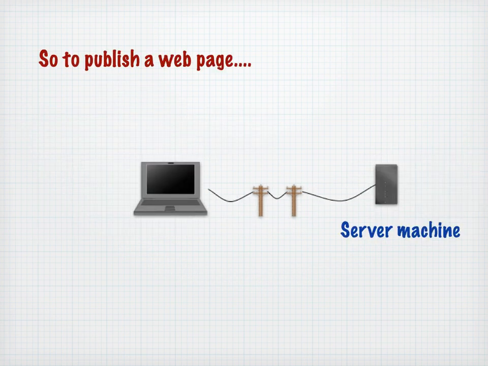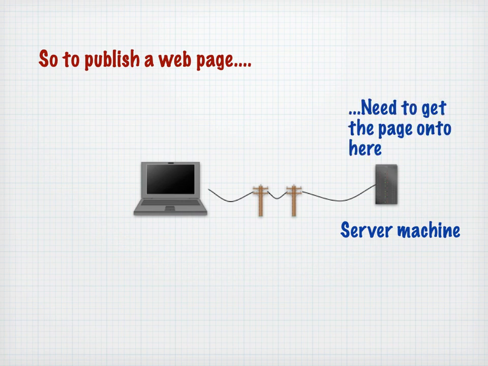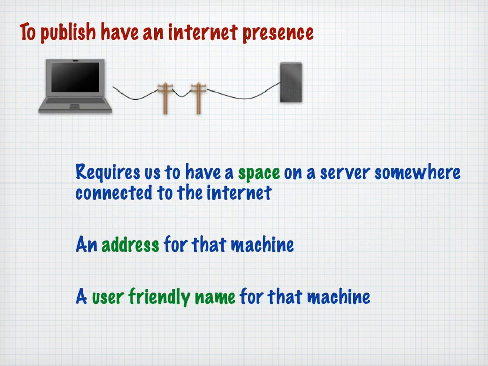So to actually publish a web page, what we need to know is where the server is on the internet. To publish a web page, or to gain access to a page, we need access to a particular machine somewhere which has an internet presence. What that really means is that web servers have to have some space on the internet somewhere.